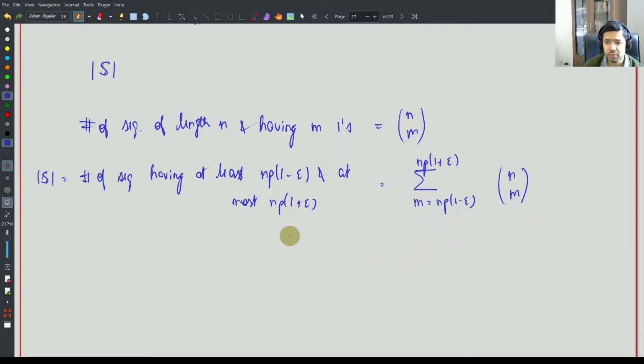Let us assume that p is between 0 and half, and let us further assume that we choose a very small epsilon such that p plus epsilon is also between 0 and half, and p minus epsilon is also greater than 0.